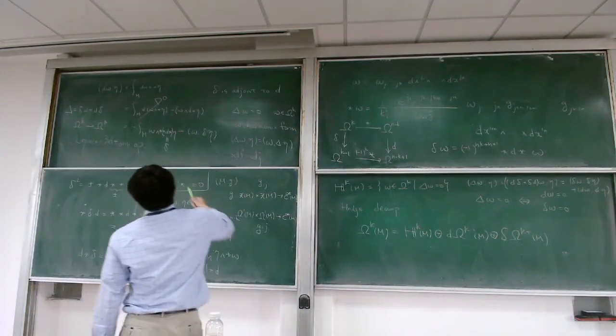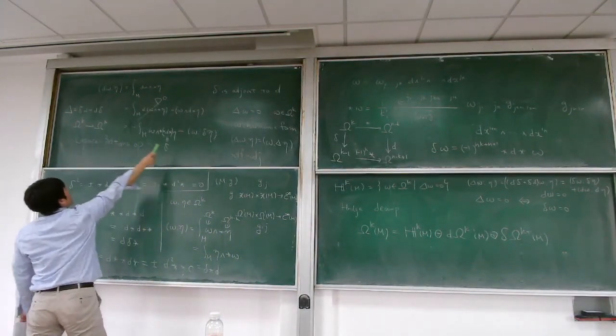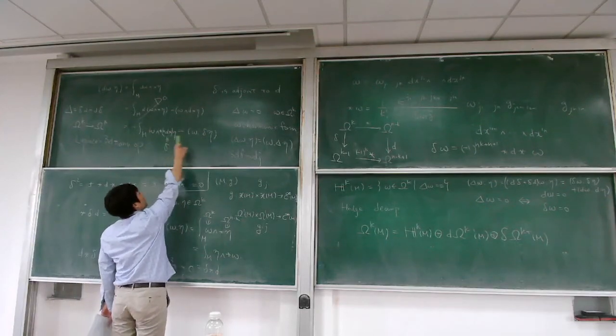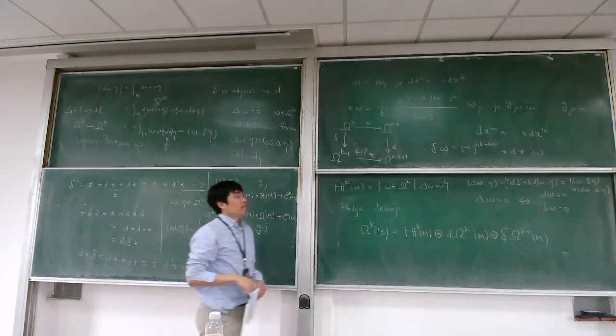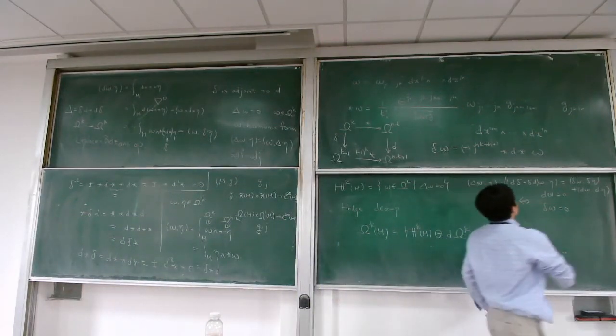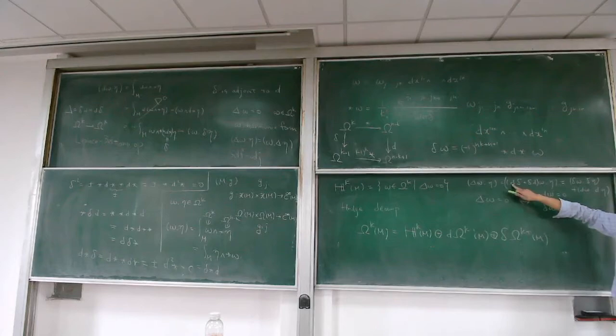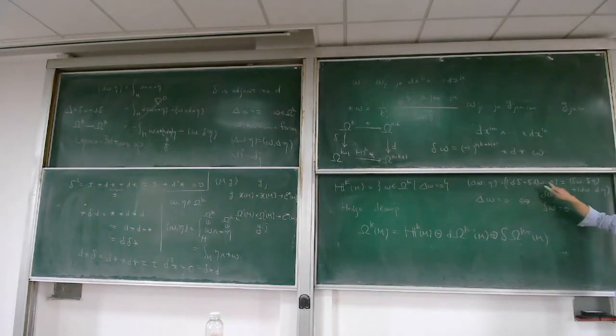So if I just use this property, d omega eta is equal to omega delta eta. So once you apply d, something becomes delta eta. So therefore you get this one. The same thing, delta something is the same as d eta. So you get this one.